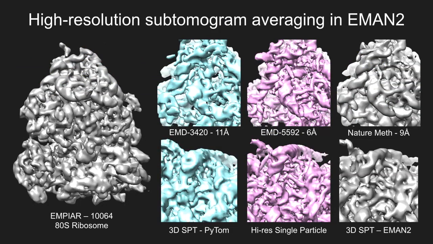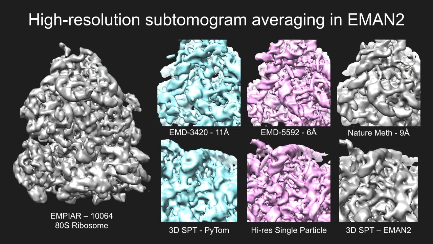This was another example that EMClarity also used. Here's the reconstruction done using this EMAN pipeline. The sampling of the data collection was sort of limiting the resolution to an extent, so we could really only get this to about 9 angstrom resolution, but we could get a reconstruction which is a little bit better.